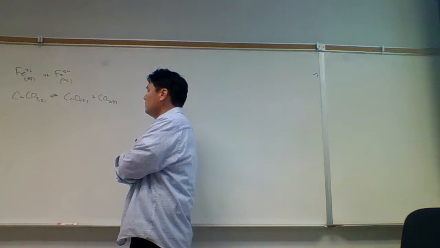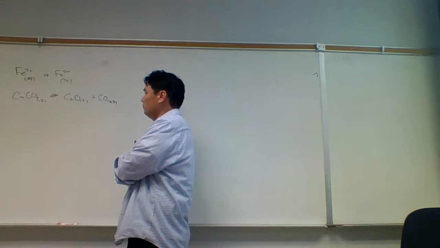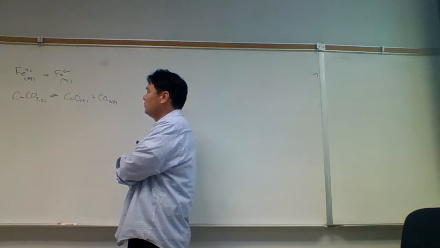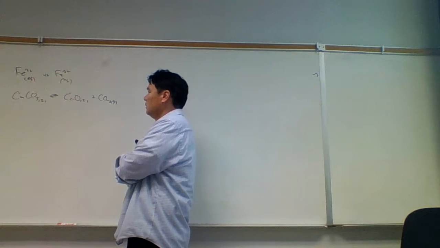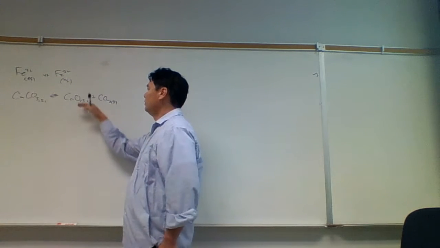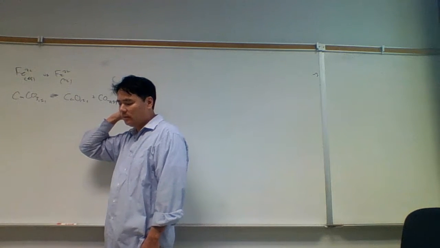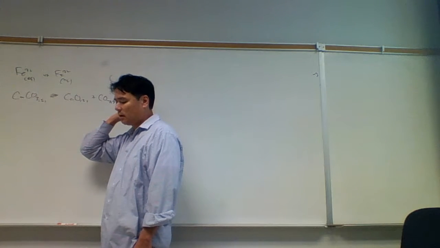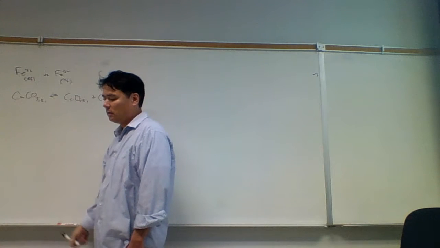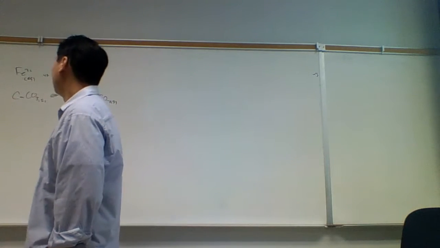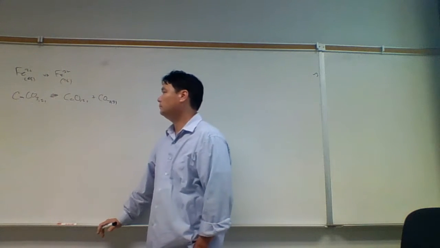Well, the thing is, what's going to favor shifting it one direction or the other? And we want to shift it to the right. So normally we would think removing product or adding reactant, but it's a little bit more complicated than that because the concentration is going to impact it.